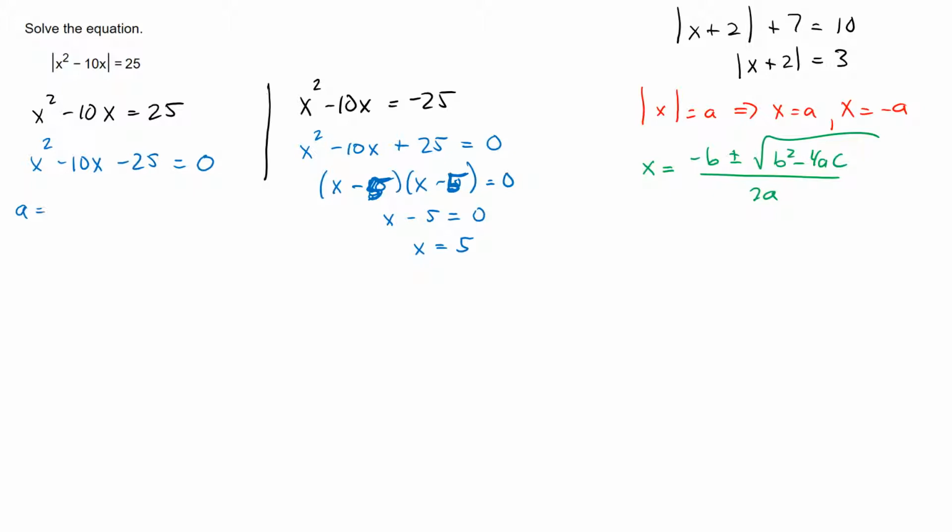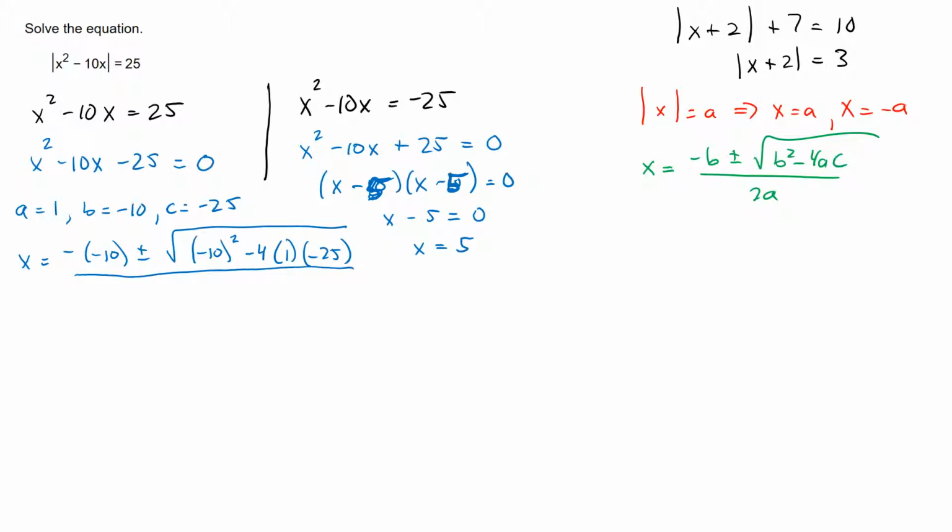A is the number in front of x squared, b is the coefficient of the x term, and c is the constant on the end. And now I'm going to take these numbers and plug them into the quadratic formula. So we go negative b plus minus square root b squared minus 4 times a times c, and we divide the entire thing by 2 times a.